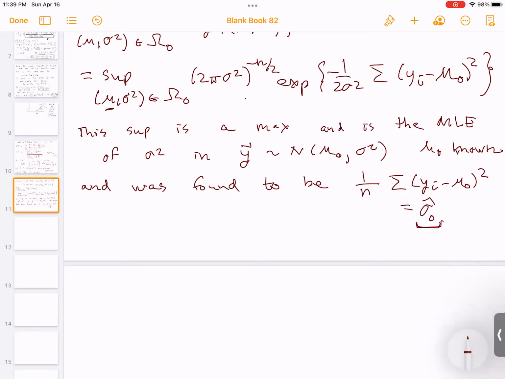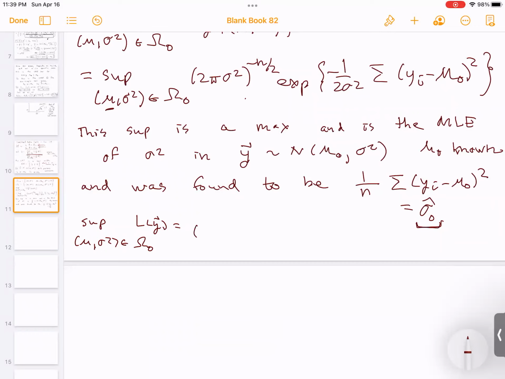So in other words, the numerator, right? So we have sup over mu, sigma squared in omega 0 of L, let's just write little y, I'm just going to use this new notation I have here.